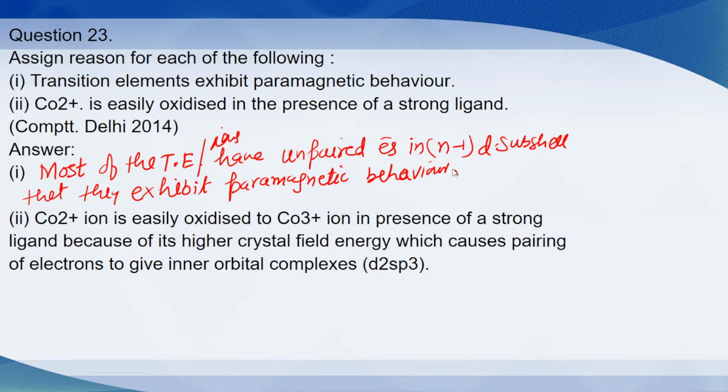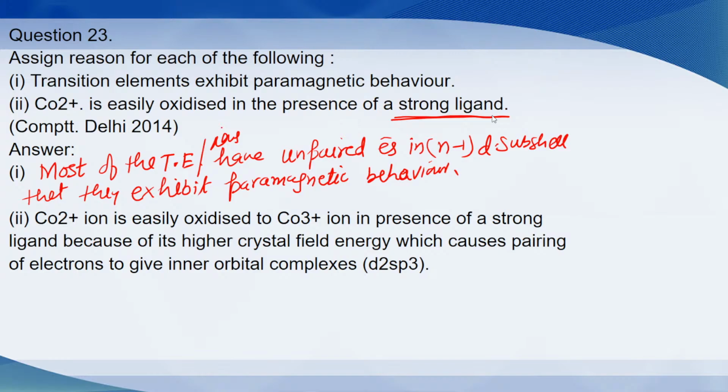Cobalt 2+ is easily oxidized to cobalt 3+ in the presence of strong ligand. So strong and weak ligands, let me tell you what are strong ligands, what are weak ligands. That is part of the next chapter actually.